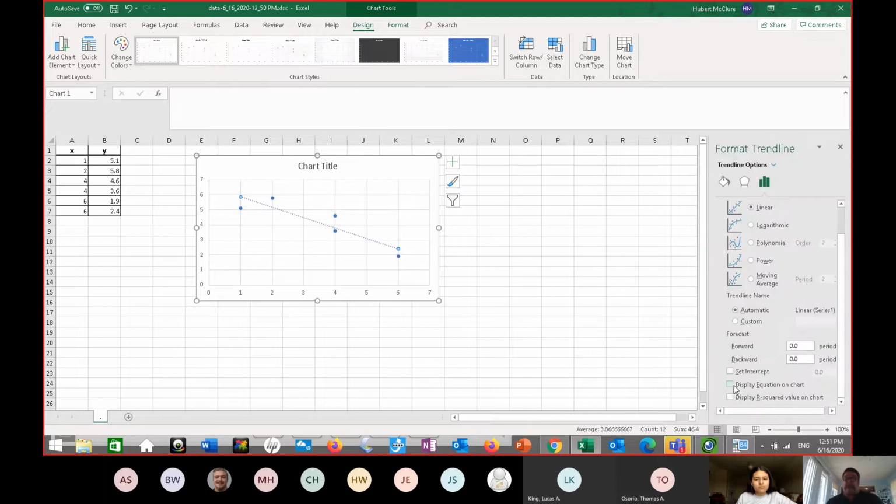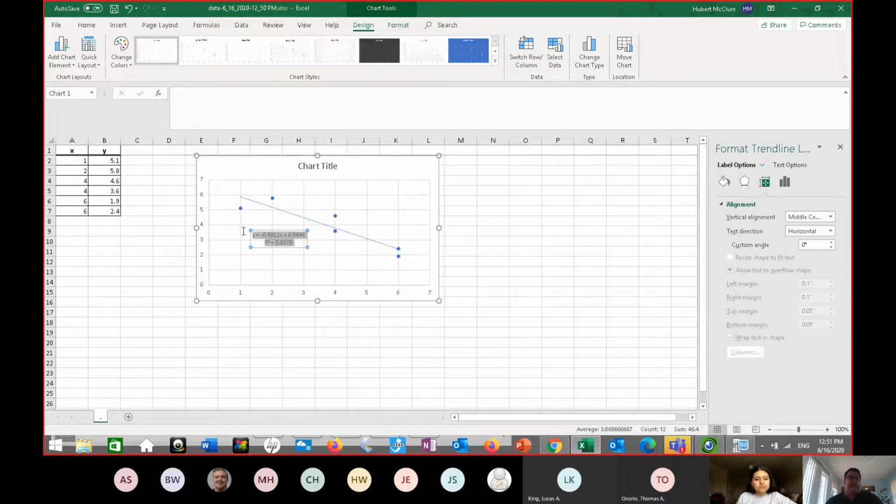And I'm going to display equation and R squared. And somebody go ahead and take the square root of that for me, please, so I can put it on here while I'm enlarging everything. I got 0.9153. So it's a very strong negative correlation. It's negative because the slope is negative.